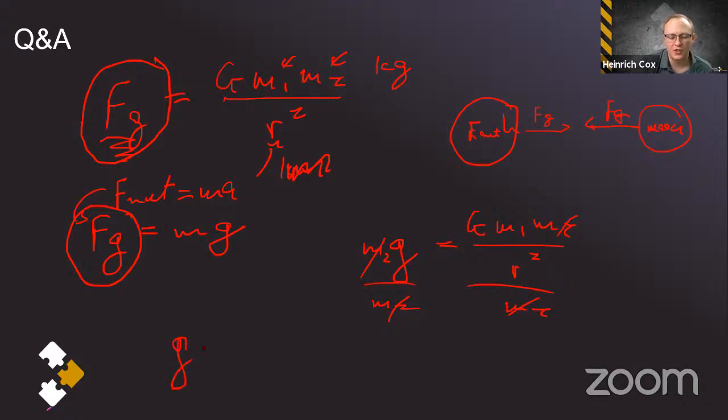And you get that g is equal to G m1 over r squared. So the gravitational acceleration that a body experiences depends only on the mass of the thing that's accelerating it, which for a dropped object is the mass of Earth, and the distance between that object and the center of the planet. And that's why, in a vacuum, if you drop a cannonball and a feather, both are going to accelerate down towards the Earth at 9.8 meters per second squared.